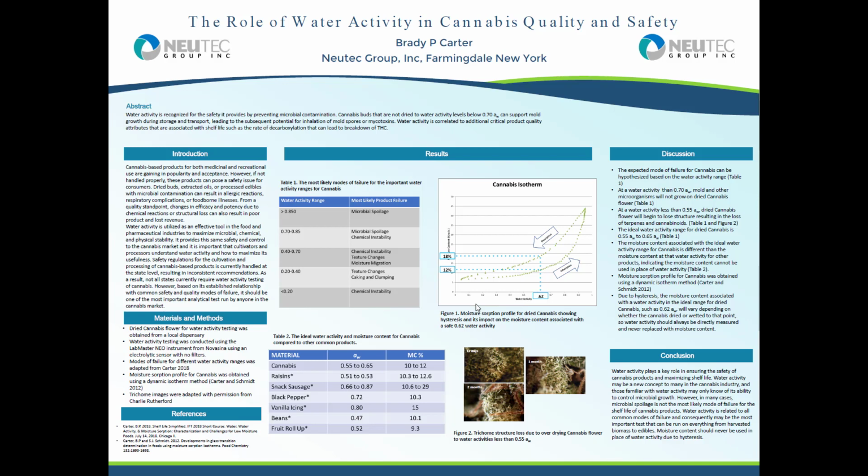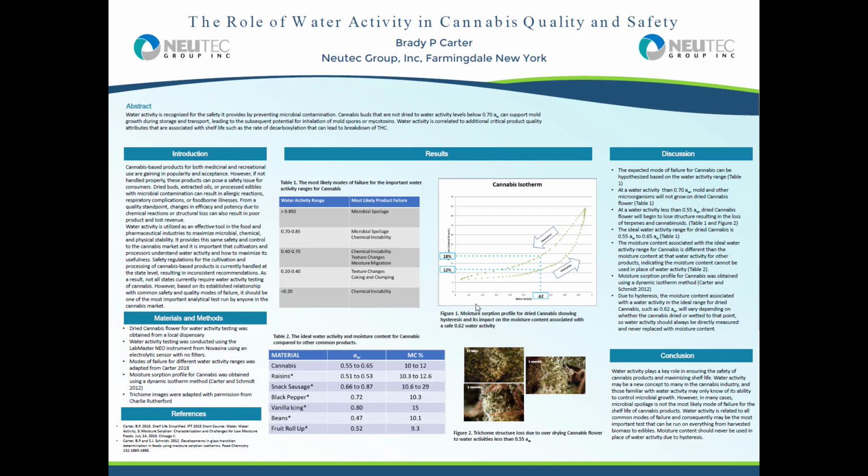So if you can get it down below 0.7 and store it that way, the dried cannabis flower won't be susceptible to mold growth. And of course, mold growth, particularly in cannabis, can be quite dangerous, both from a mycotoxin production standpoint, but also because mold spores that are present and inhaled can lead to asthma.